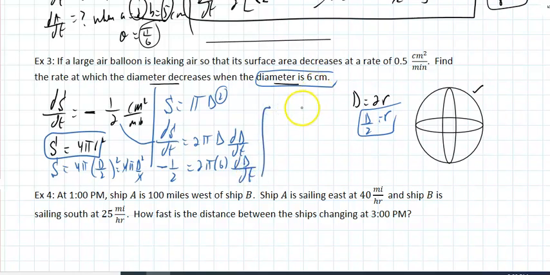Well, dd dt would be simply, multiply both sides by 1 over that. That would be negative 1 divided by 2 times all of this, times 2 pi times 6.